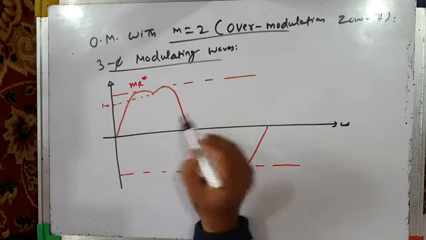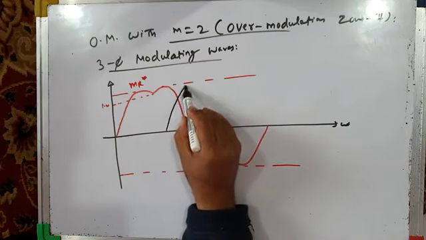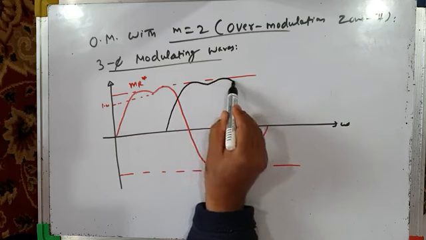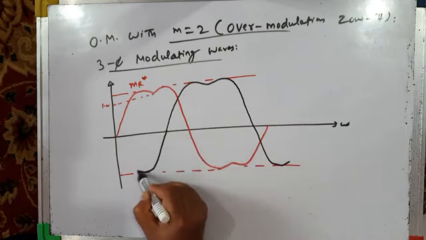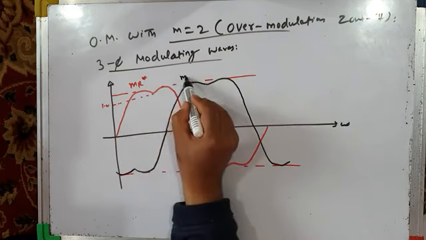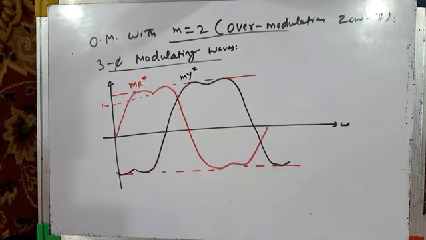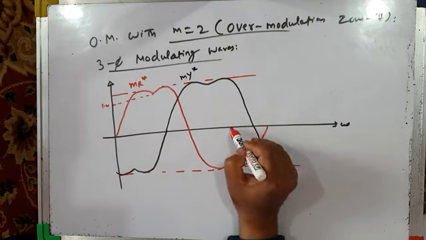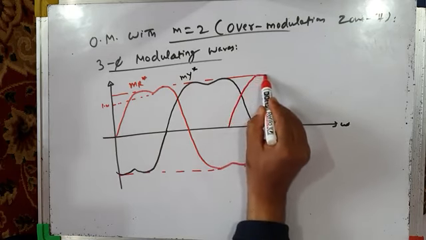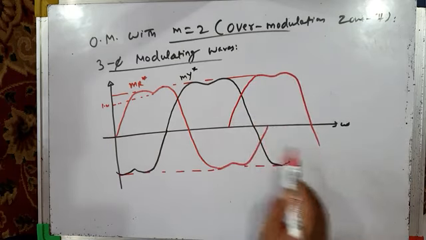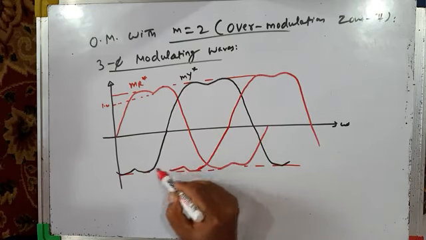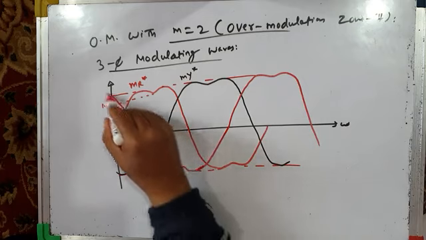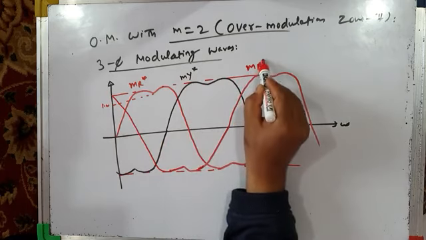And then my star will be like this. This is my star. And mb star will be like this. MB star.